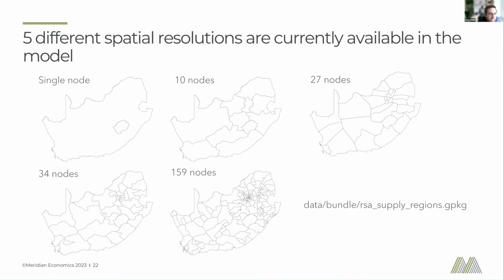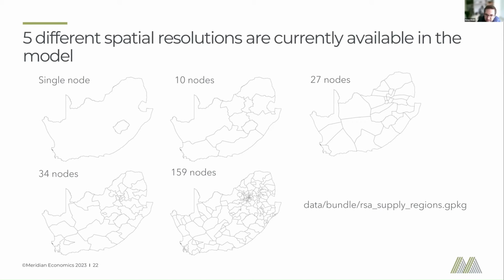The PyPSA Europe and PyPSA Earth models have historically been focused mostly on single year analysis, but very high spatial resolution. Whereas for South Africa, we've always been focused on transition type questions, and we've had low spatial resolution and higher intertemporal resolution.